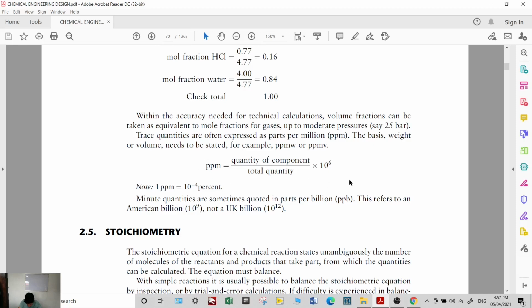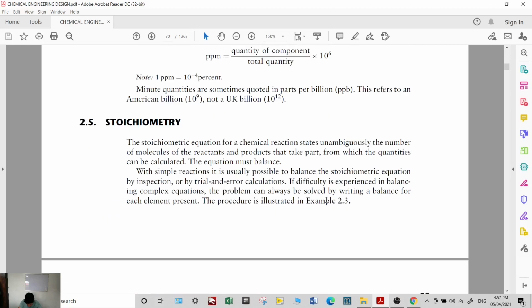For parts per million, instead of multiplying by 100, you multiply by 1 million, 10 to the 6. So 1 ppm is 10 to the negative 4%. If the values are even smaller, you have parts per billion.